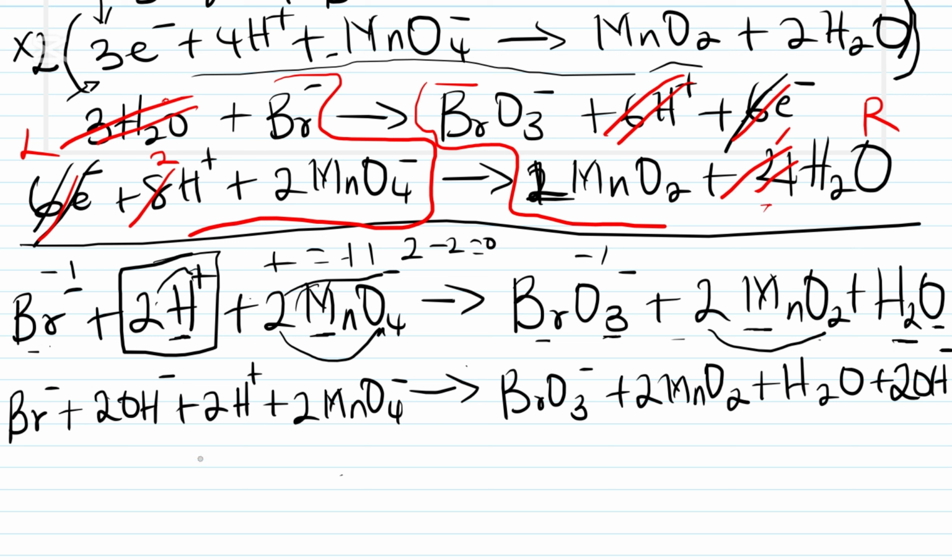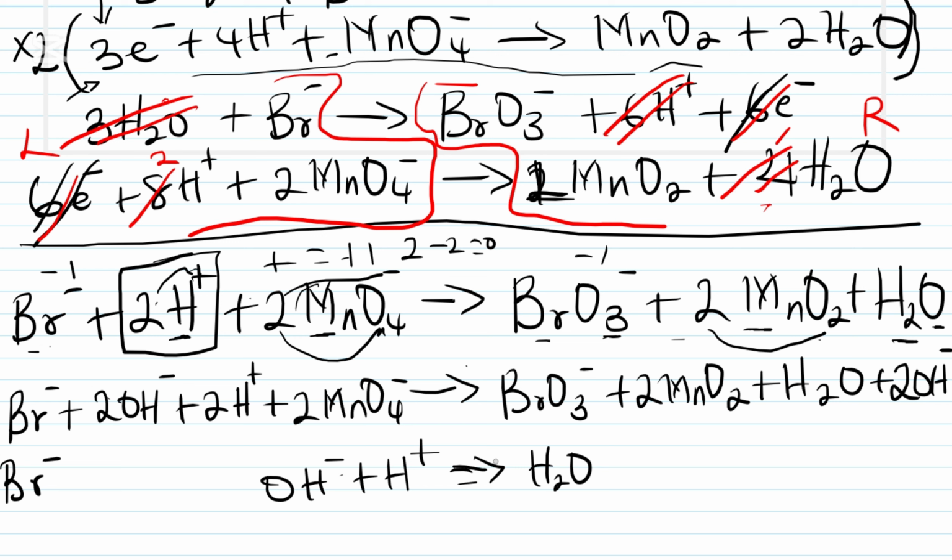Now let's proceed. Here we have our Br minus. I need you to understand something. Suppose you have OH minus reacting with H plus, what's going to happen? This is going to give you H2O. It's called a condensation reaction, where if you have an OH minus reacting with H plus, the byproduct is going to be water.